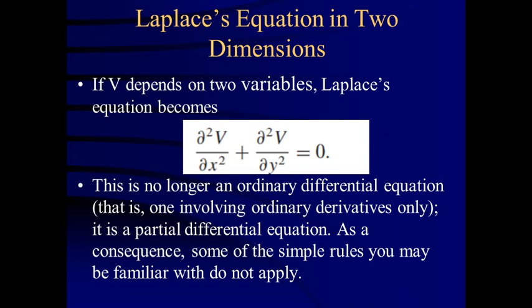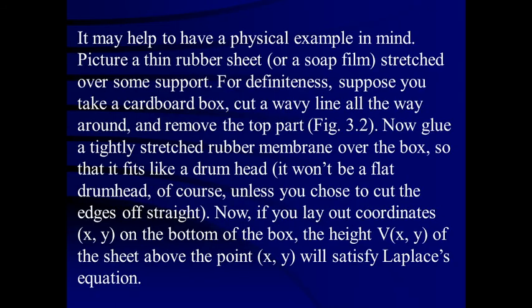V depends upon the two different coordinates x and y. It is not a simple ordinary differential equation, but a partial differential equation, and it can be slightly difficult to calculate.